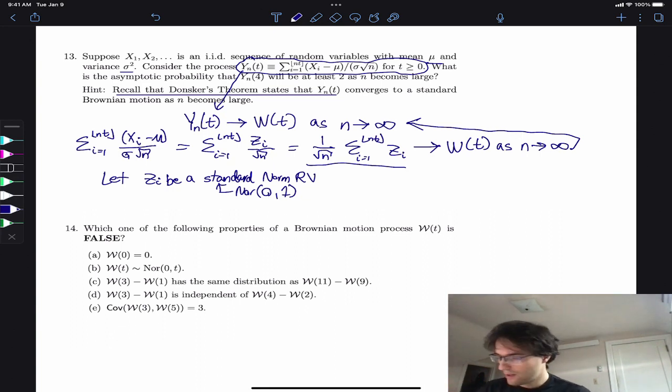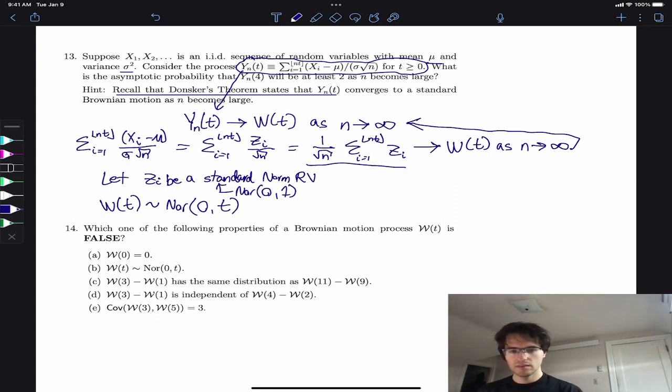Also recall that another property is that the W of t distribution is the same thing as a normal random variable with mean 0 and variance t.